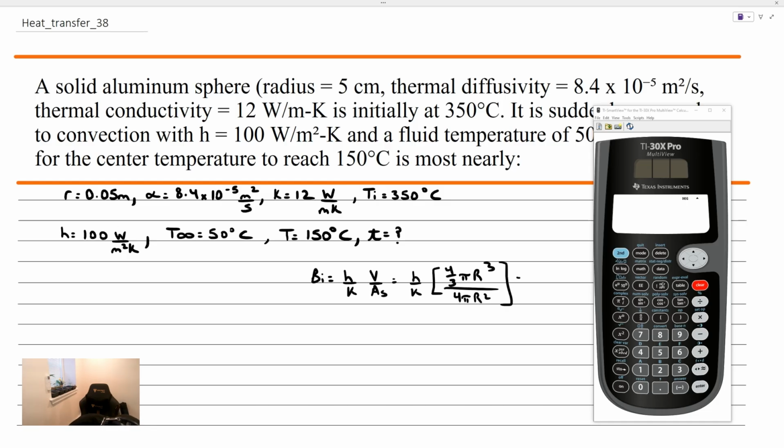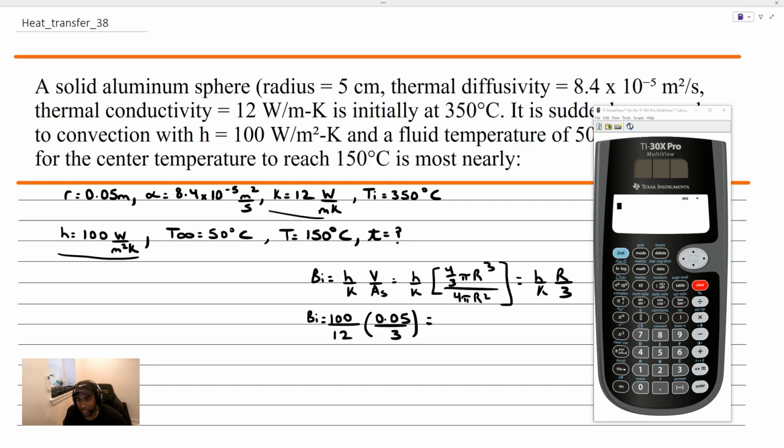You can see this ratio simplifies to radius over 3. If we plug in our values, the Biot number is equal to H, which was 100 watts per meter squared Kelvin, divided by our K, which was 12, times the radius in meters, 0.05, divided by 3.